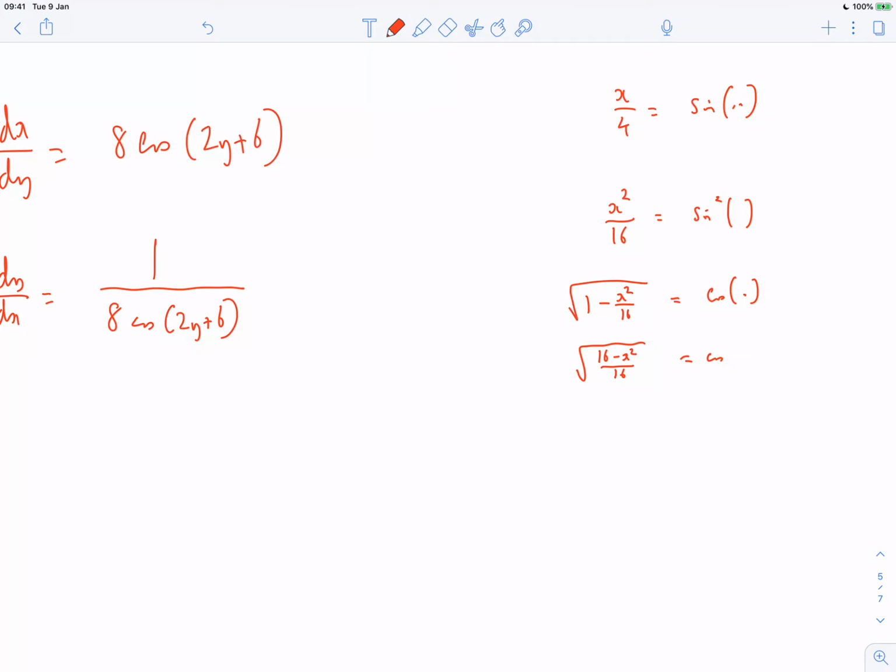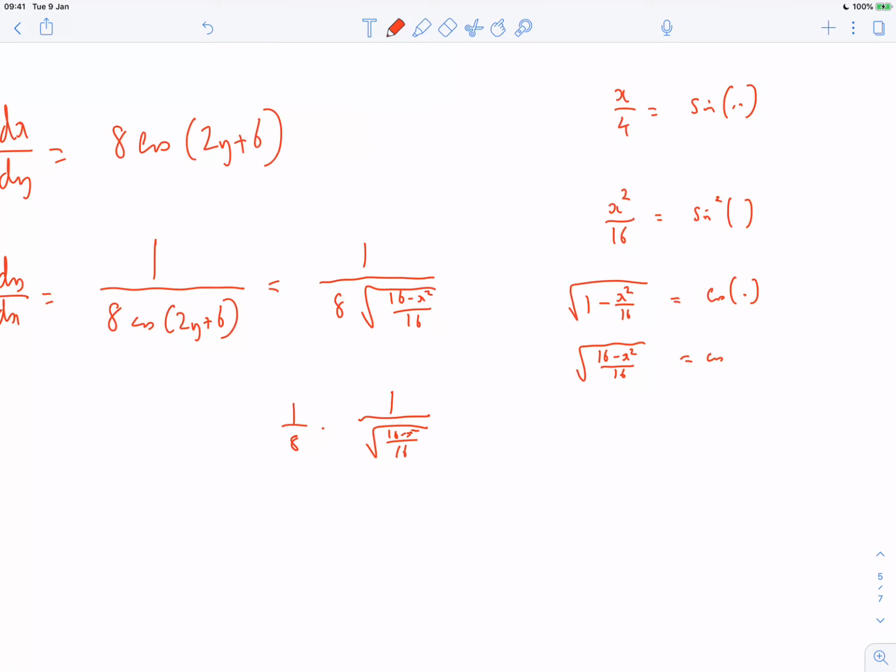So this is actually going to be 1 over 8 lots of the square root of 16 minus x squared over 16. This is going to be 1 over 8 times 1 over the square root of 16 minus x squared over 16.